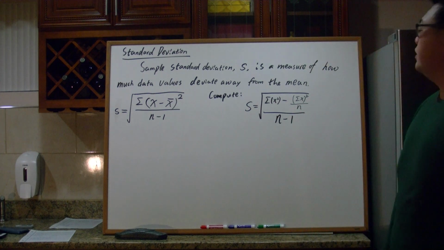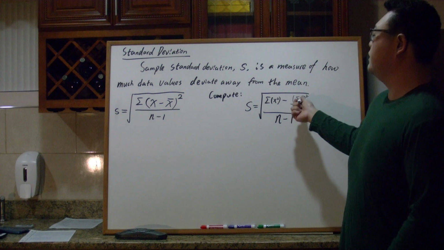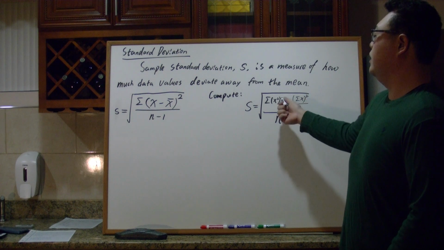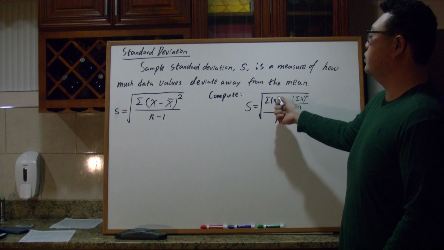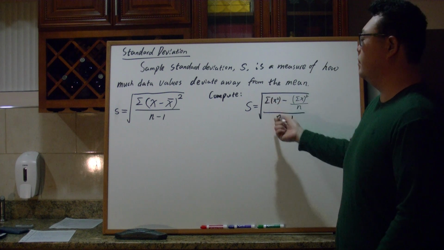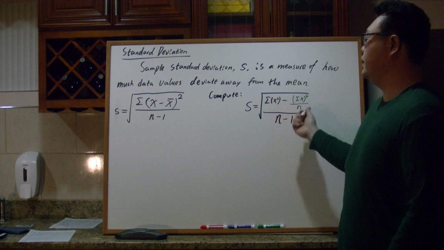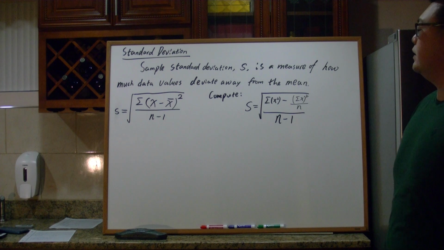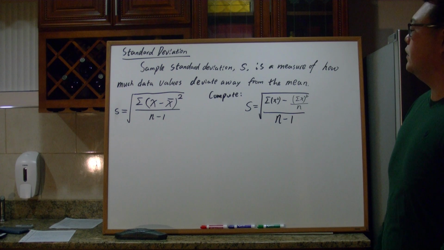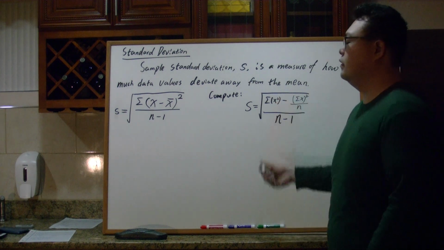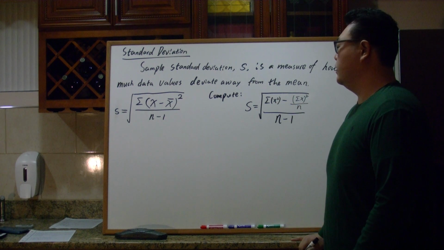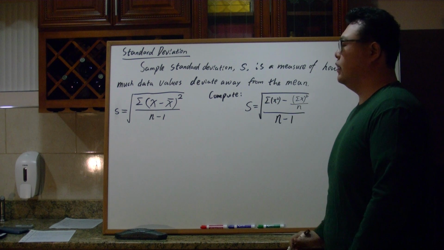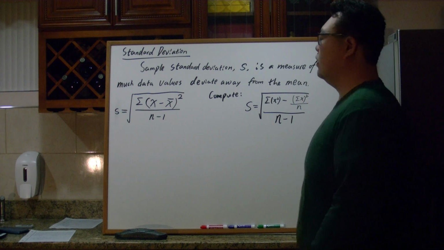The computational formula looks a little longer, since we need to square the sum, square the individual values and take the sum, then divide and subtract. It looks a little more tricky, but for individual numbers it's not that hard to do, and that one is good enough to work with.